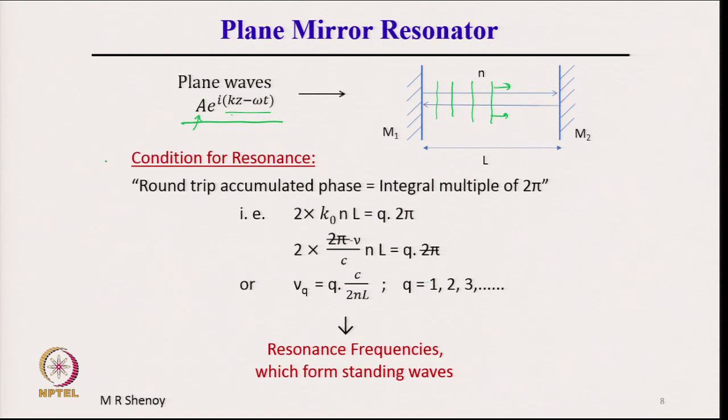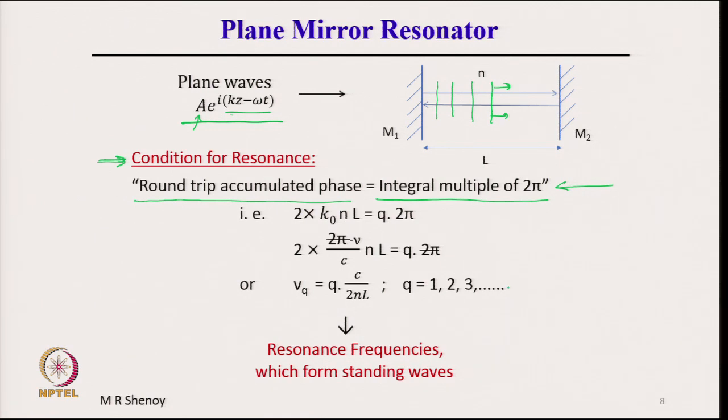Now, the condition for resonance in optical resonators is that the round trip accumulated phase must be equal to an integral multiple of 2 pi. This is true for any type of resonator.